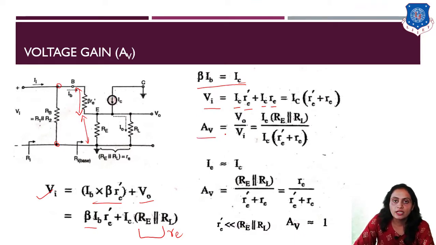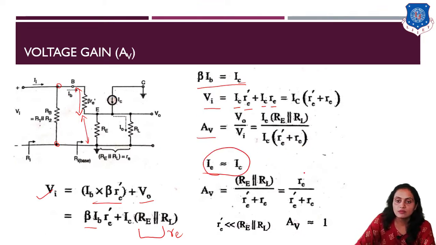Now we will find AV, the voltage gain, which is output voltage divided by input voltage. The output voltage is IC into RE parallel RL, divided by IC into RE dash plus RE. IC and IE are almost equal, both in the milliampere range, so we cancel them.